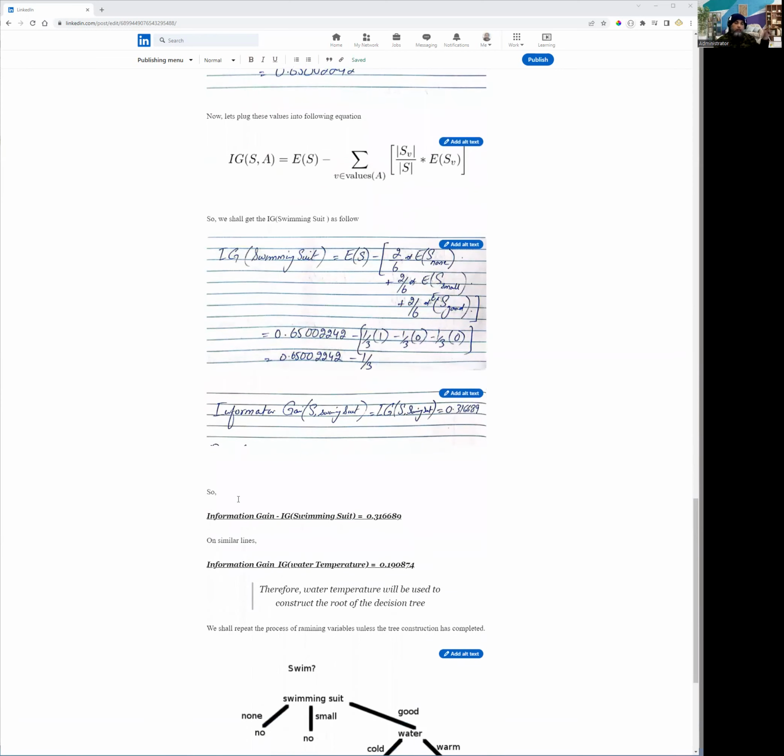Now on similar lines, we can calculate the information gain for water temperature, which you can do by yourself if you are interested, and that's going to be 0.190874. Now we always start the tree with the maximum information gain, which in this case is going to be our swimming suit, because that's the variable giving us the maximum gain on the information.